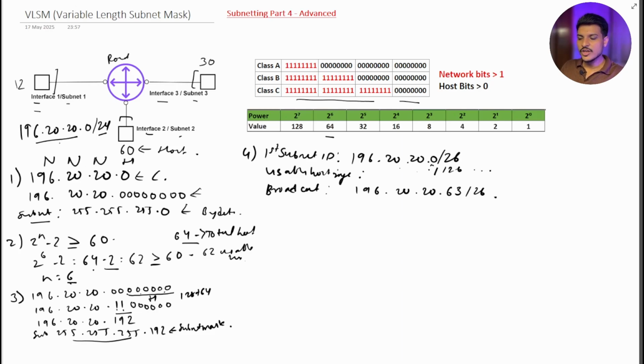It will go till 62/26. So this would be our usable host range. We have found the subnet ID, the usable host range and the broadcast IP for this interface, where 60 hosts were required.